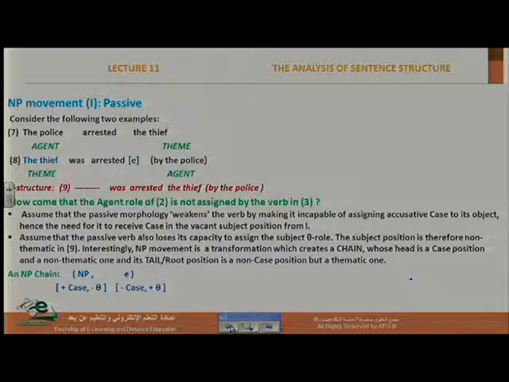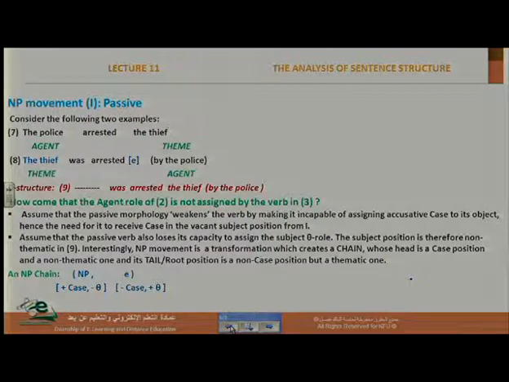The semantic head of the sentence, arrest, is a verb which calls for two arguments. We call the subject and object of the verb its arguments. These arguments have to be associated with specific thematic roles, namely that somebody has got to do the arresting and somebody has got to be arrested. So the agent and the theme of the arrest, who eventually gets arrested.